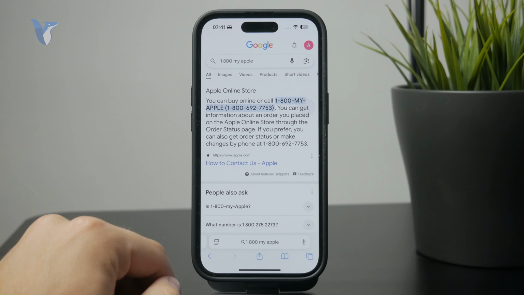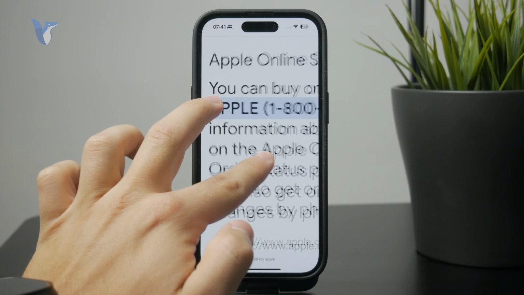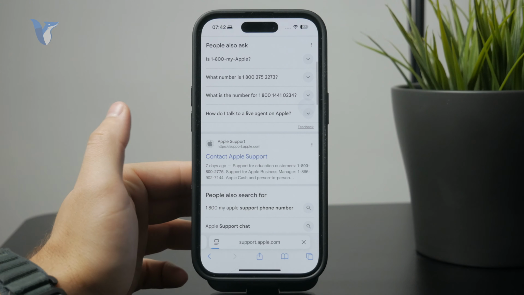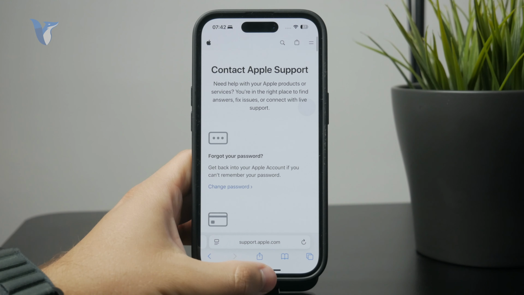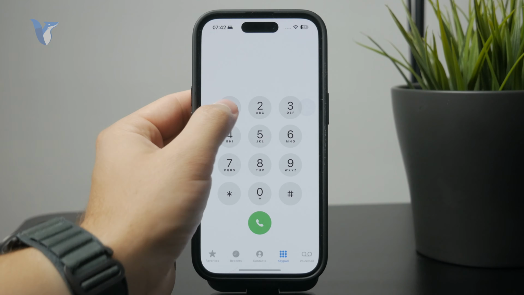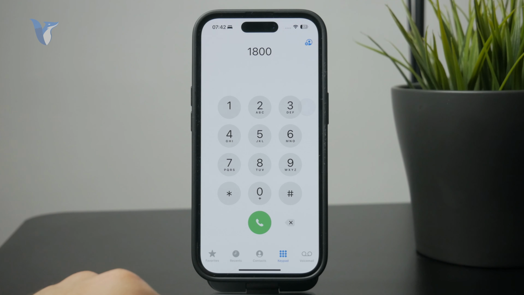For example, Apple has their number to be 1-800 my Apple. And the way that it works is that the letters represent the numbers, right? So the 1-800 my Apple would be 1-800, and then you look for the letter M, right? It is under the 6, so you press 6.